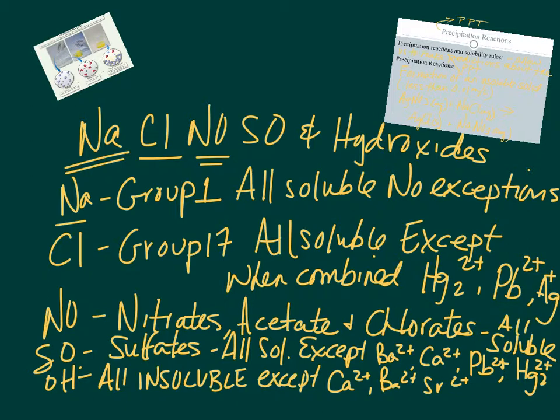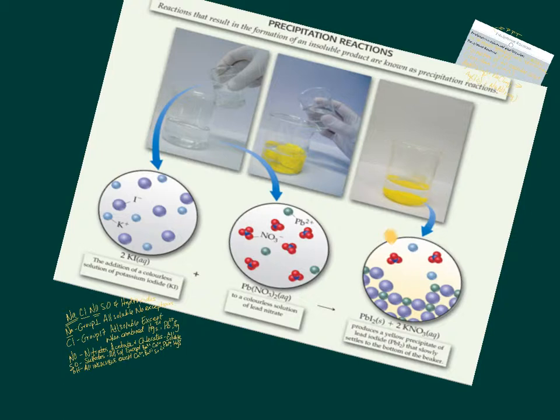Okay, so let's take a look at this other slide here. Okay, so here's what's going on, a precipitation reaction. Here you've got potassium iodide, a colorless solution, and lead nitrate. I mix the two of them together and I get a bright yellow precipitate, lead iodide.